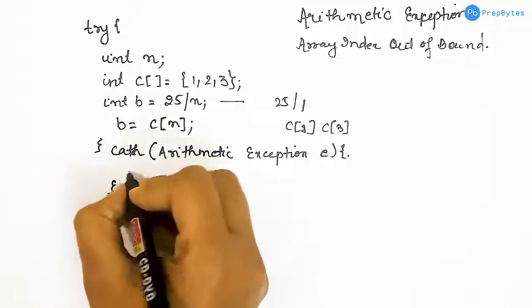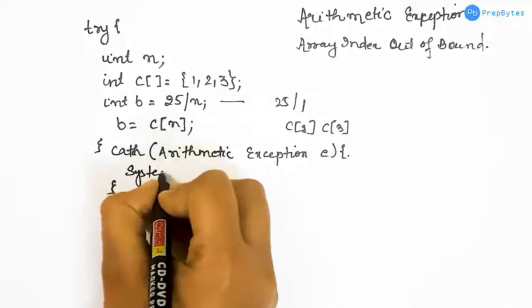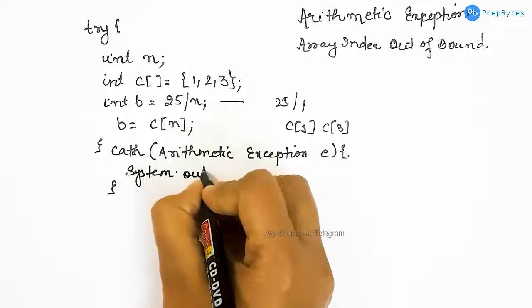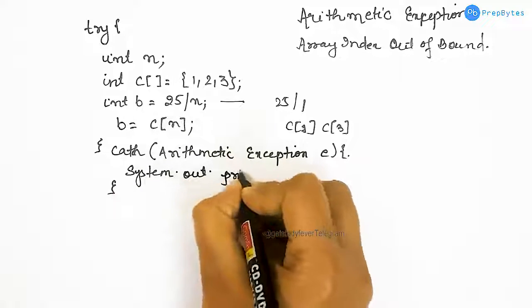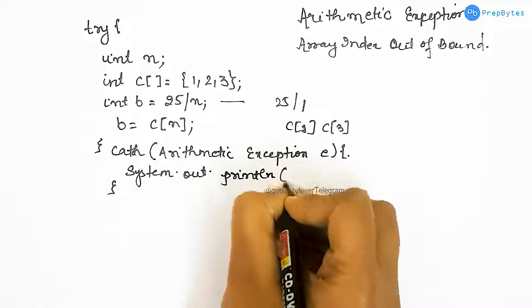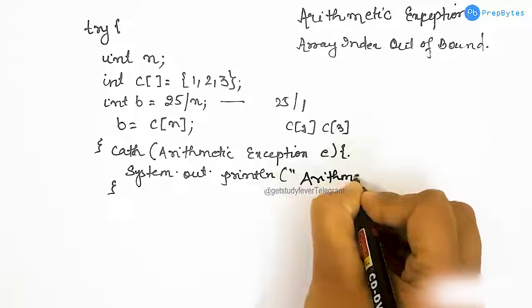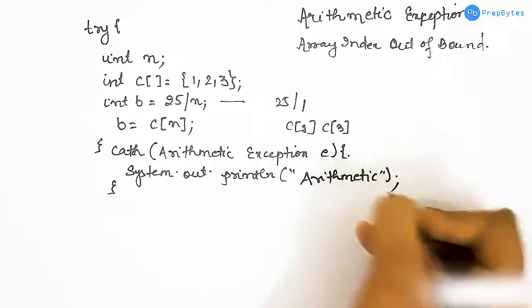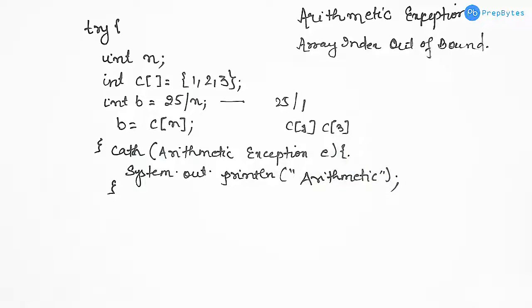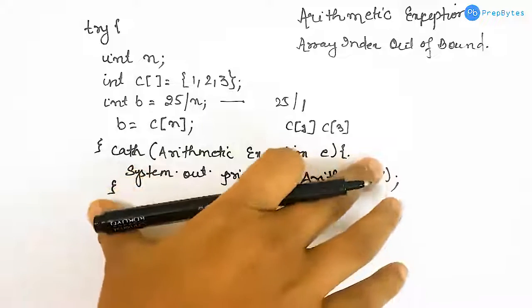And let's say I try to print the exception. Whenever an arithmetic exception occurs, this particular catch block will handle it.